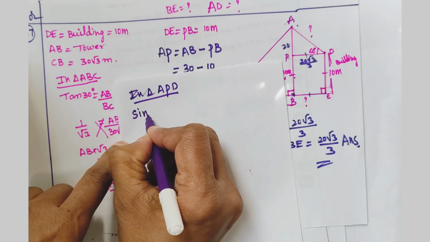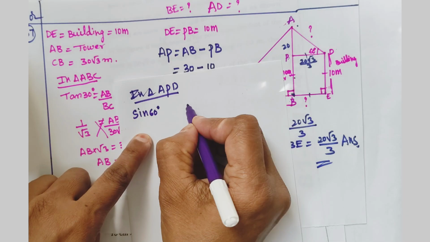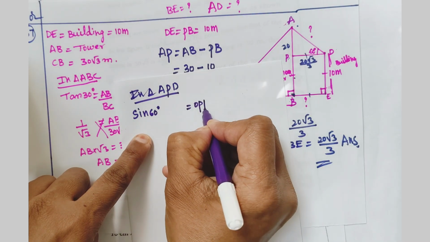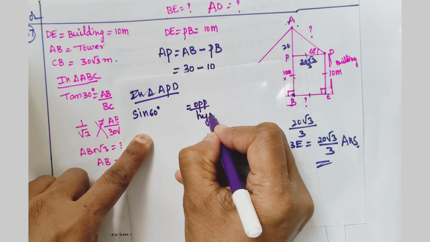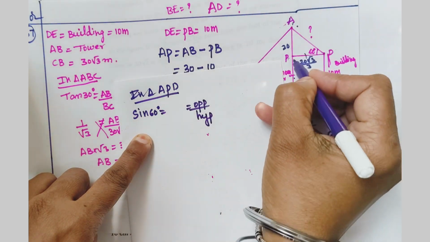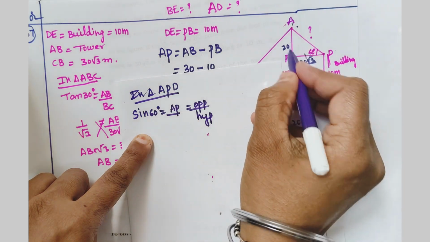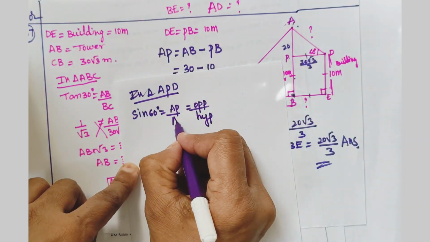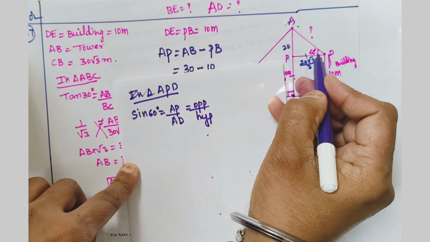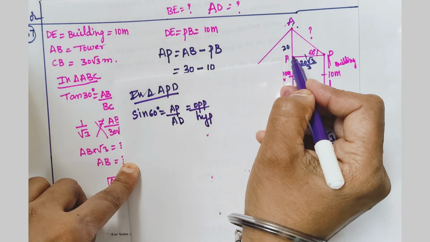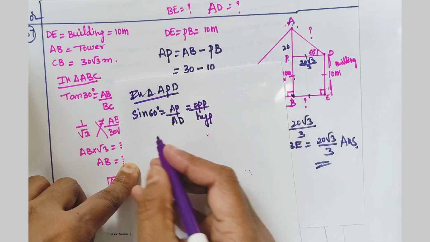What is the opposite? AP is the opposite. What is the hypotenuse? AD is the hypotenuse. Sine 60 means opposite by hypotenuse. AP is the opposite, AD is the hypotenuse.